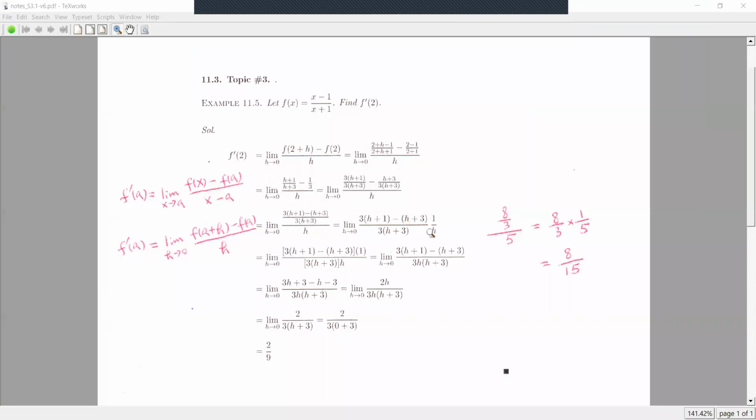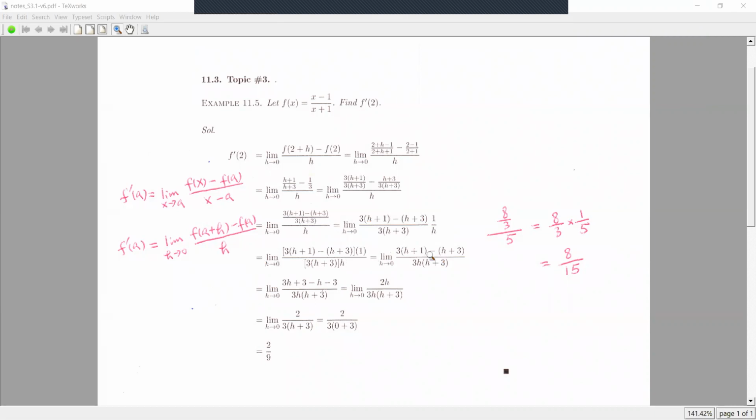This is a fraction times a fraction. It is equal to the numerator times the numerator and denominator times denominator. So we have this equation. Remove the square brackets, then we have this equation.